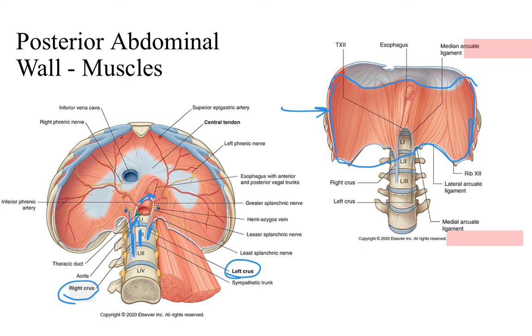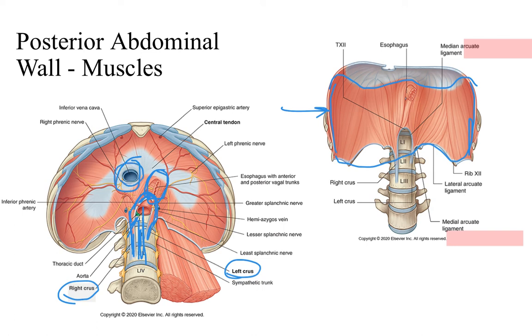So those are going to mark the boundaries, and notice that they are attached to lumbar vertebrae 2 and lumbar vertebrae 3 and go around the aorta there. All right, just anterior and to the left, you'll find the esophageal hiatus, right there, and right in the central tendon to the right of the vertebral column, you'll see the inferior vena cava.